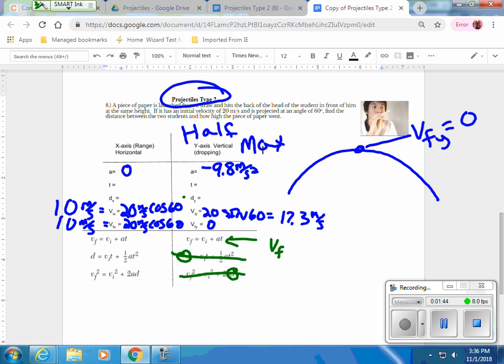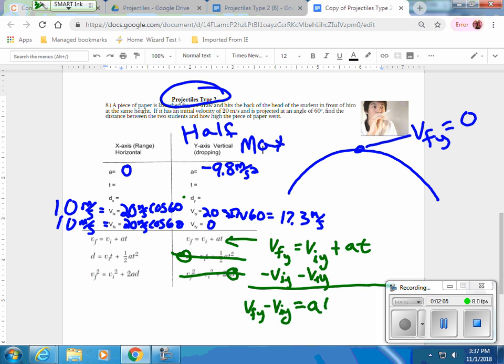If you have v final in the y is equal to v initial in the y plus at. Subtract v initial y from both sides. And now I would have v final y minus v initial y is equal to at, because these would cancel out.